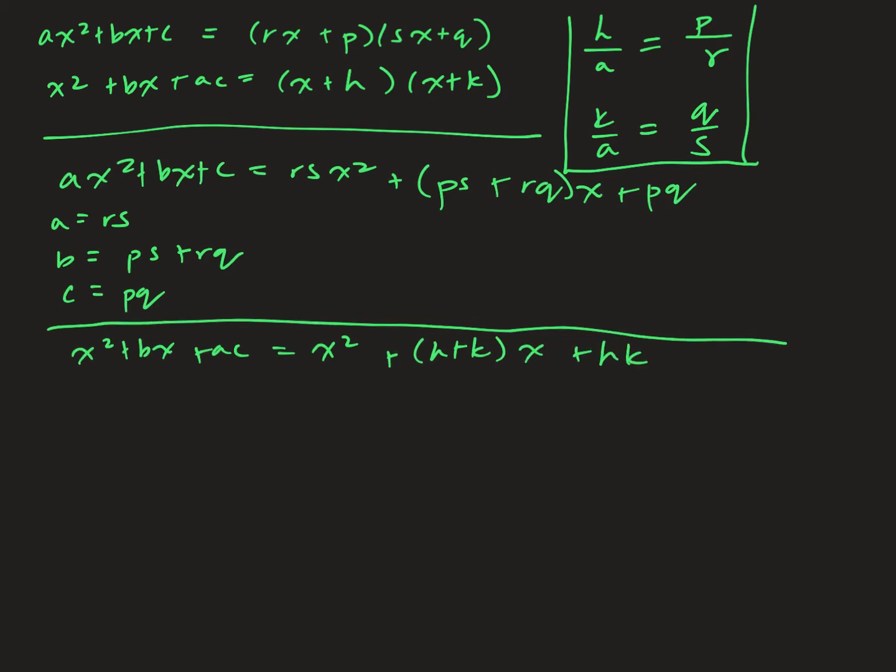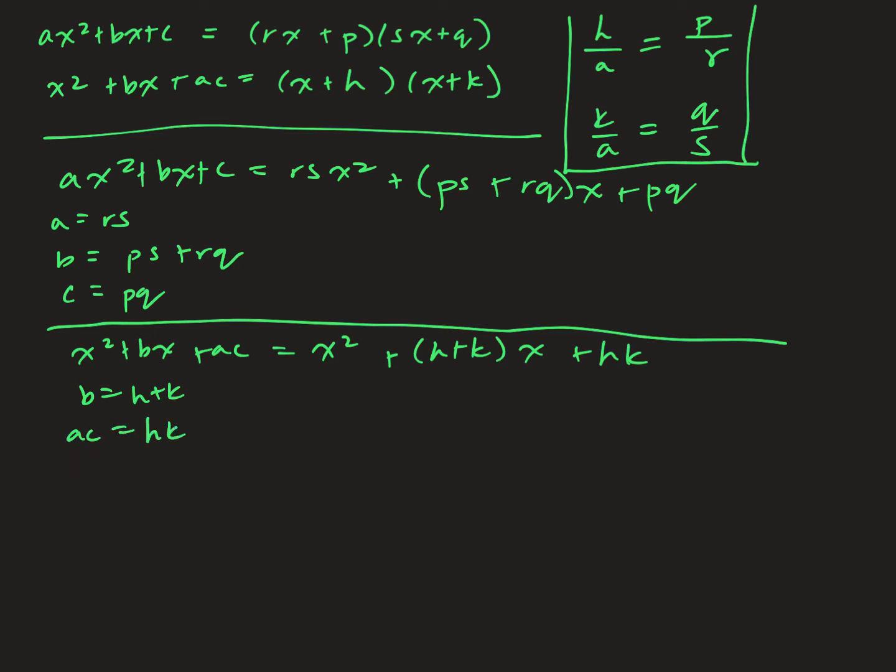And this relationship between H and K is very similar to, if you think back to, like, BCPQ: H times K will equal AC, or a constant term. H plus K will equal our middle term. Okay, well, let's set these equivalencies just like how we did for the previous equation. So this time B is equal to H plus K, and AC is equal to HK.